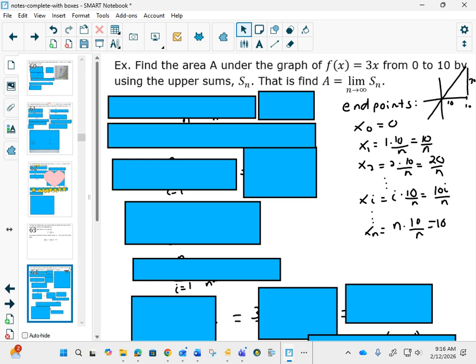So here's our endpoint from 0 to 10. Our change in x would be 10 divided by however many rectangles we want to use. And we're going to keep the number n there because we're going to make n go to infinity.